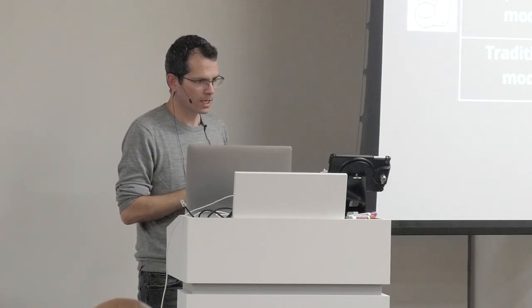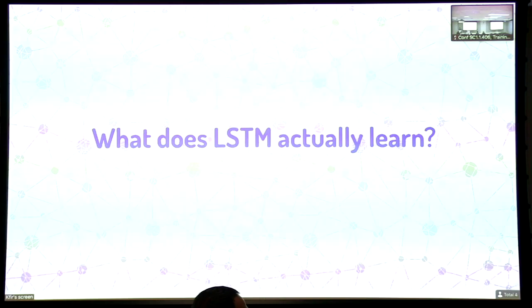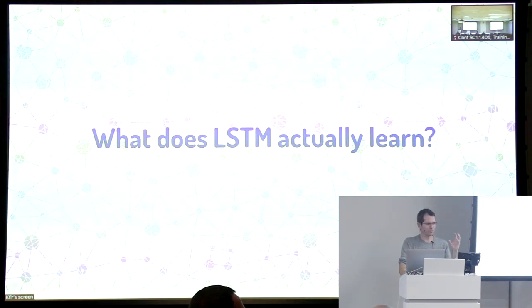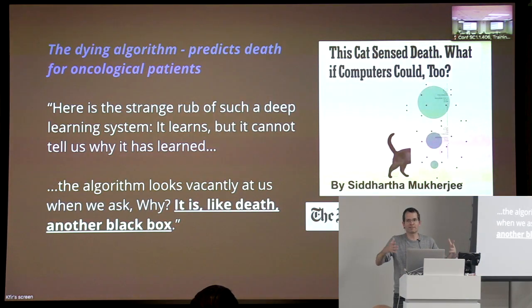Okay, so let me take you to the fun part now. As always, we had to wire things together, and it's pretty cool. Now let me talk about what this network actually learned, and that's tricky. I'm going to show you just a few things. The main thing here is that this network is pretty difficult to understand.